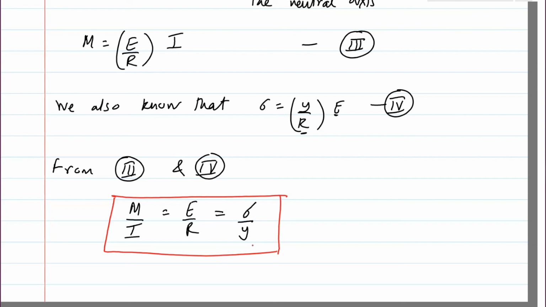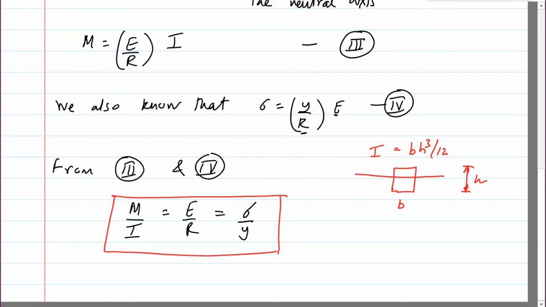Okay, so with this, let's see how to apply these formulas and solve problems. By the way, I should tell you a little bit more about I. So if you have a cross section, I drew a rectangle, and we're typically trying to find I here, and let's say that this is b and this is h, then I is b h cubed divided by 12.